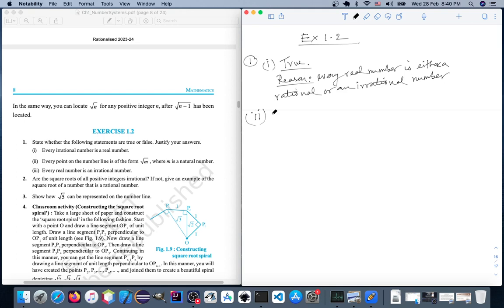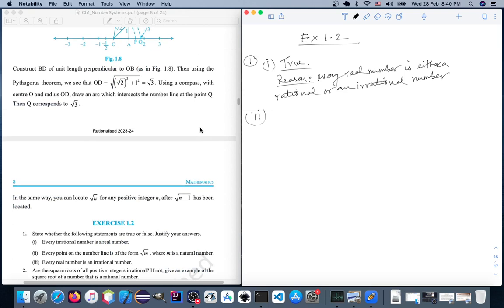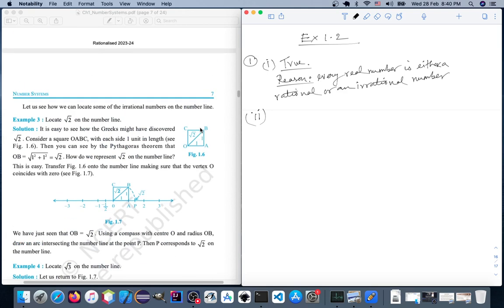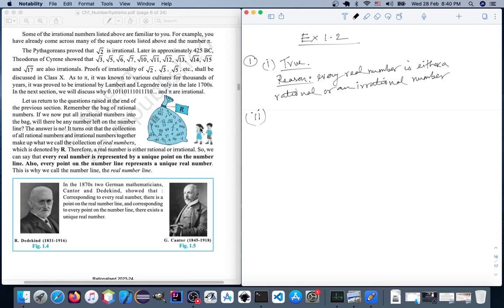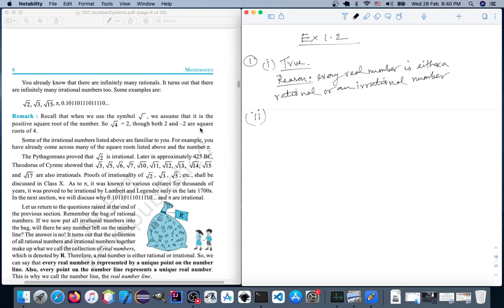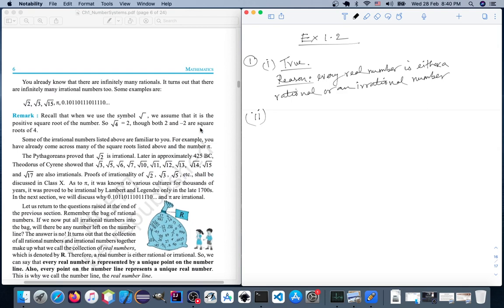But in the textbook it's mentioned here, in the remark, recall that when we use the symbol square root, we assume that it is the positive square root of the number. So root 4 is considered as 2.